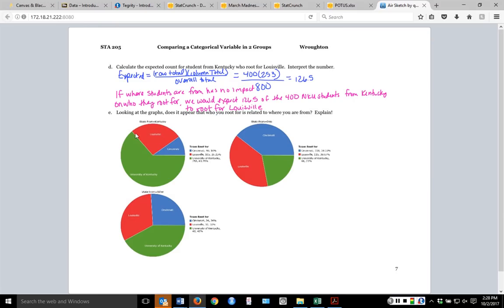If I compare those from Kentucky to those from Ohio, there's definitely a pretty big difference there. If I start looking at it, our pie charts appear to be different.